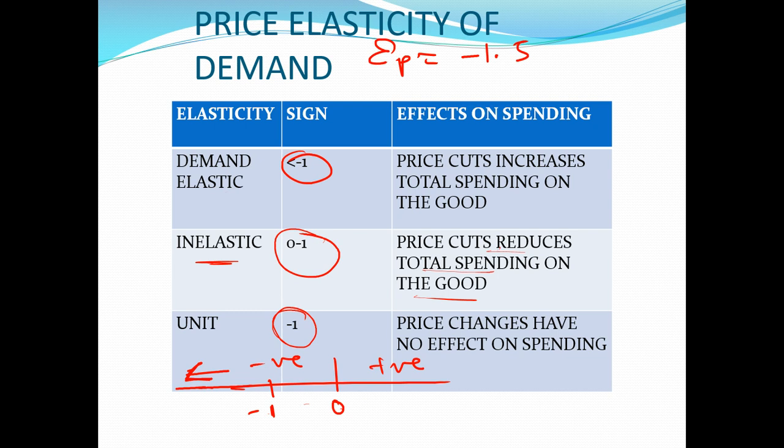This basically means that if you change the price by 10%, quantity demanded will increase by the exact 10%, which means that there's nothing that you're doing. You reduce the price thinking that you're going to increase your revenue, but it is not going to change, because demand is unitary elastic.